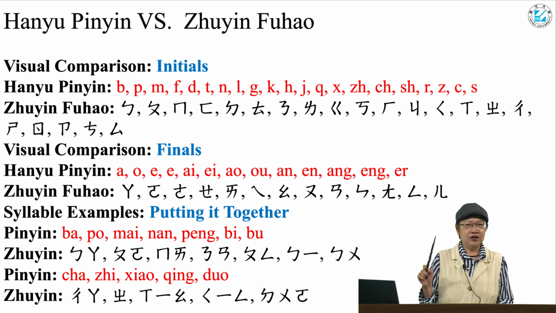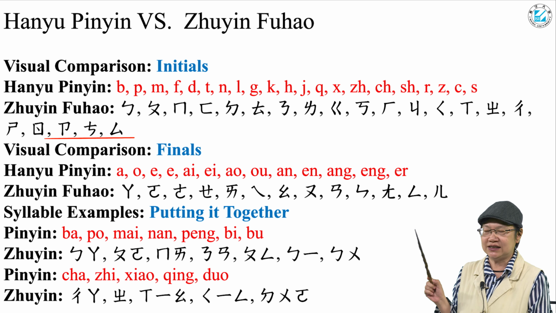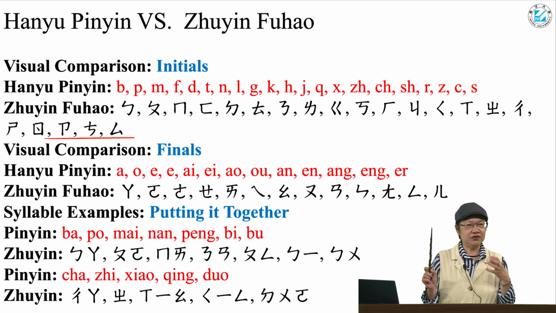Here you can feel that zhi, chi, shi, ri are really hard because your tongue really has to work and roll back into your mouth, okay? And then zi, ci, si are actually the teeth sounds. You have to kind of scrape your teeth, okay?